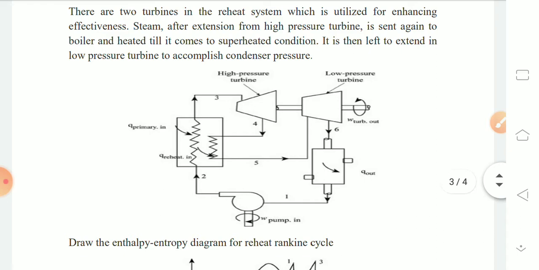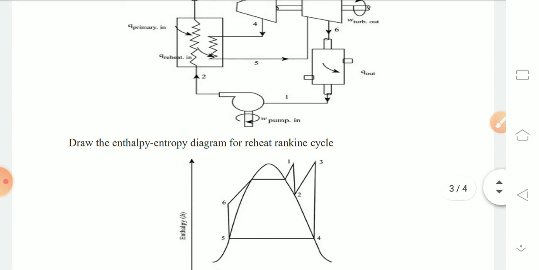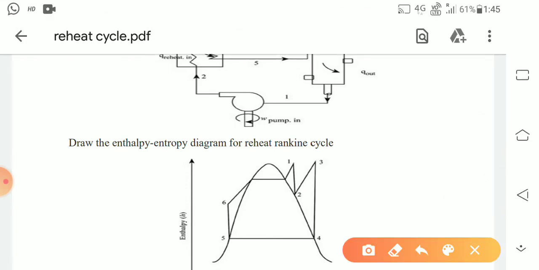So you can see here the schematic diagram. Now I am going to draw the TS diagram of this cycle. Here 1 to 2 is the high pressure turbine, and 2 to 3 is the steam again sent inside the boiler.